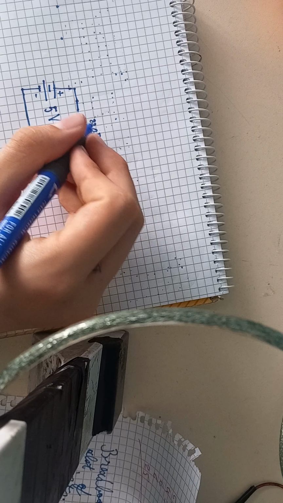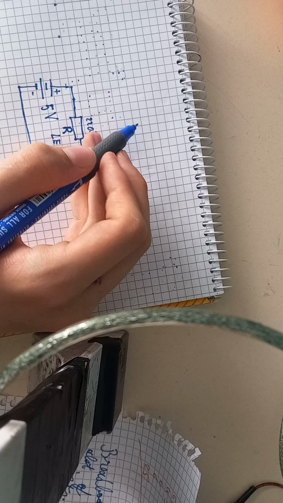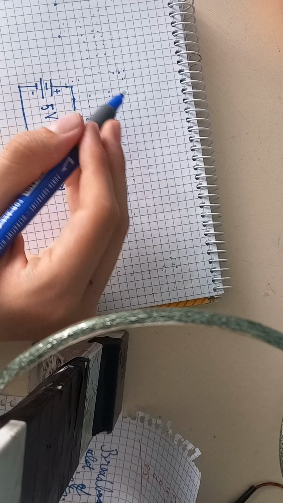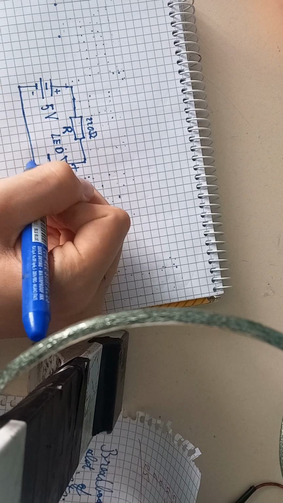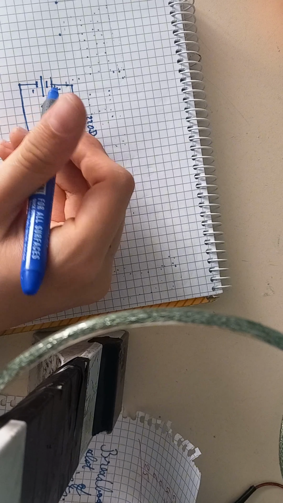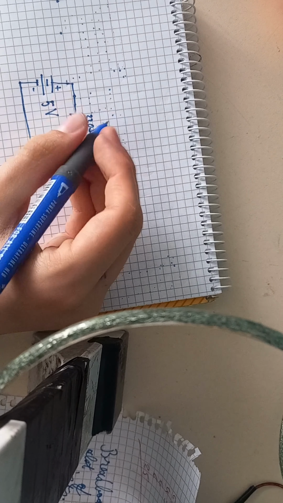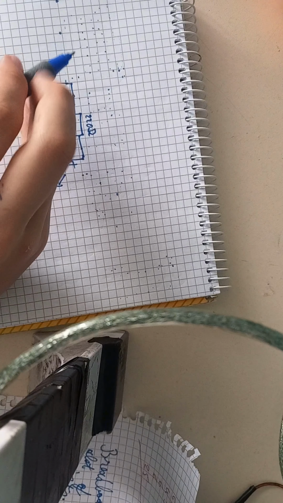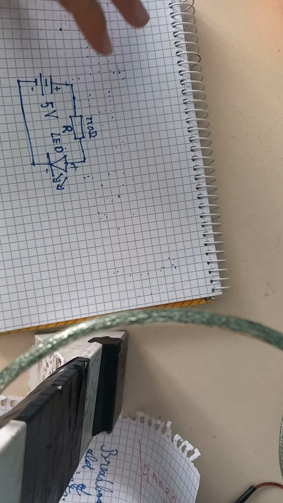The side doesn't matter for the resistor, so it goes to the anode, then down to the cathode, and goes again to the 5-volt power supply. And this goes on and on. And yeah, that's it.